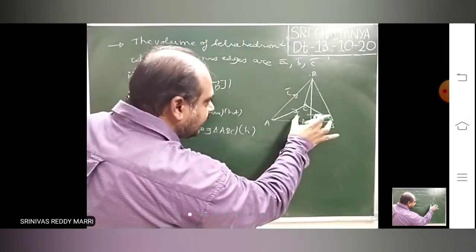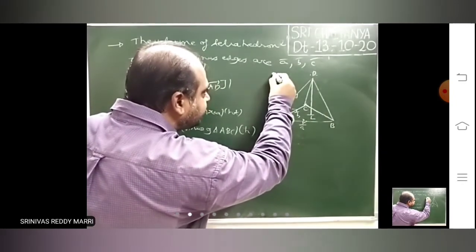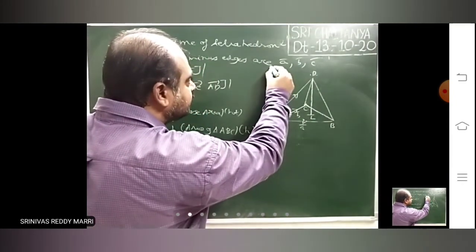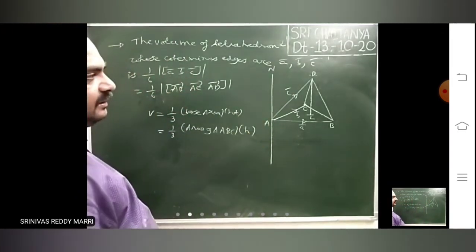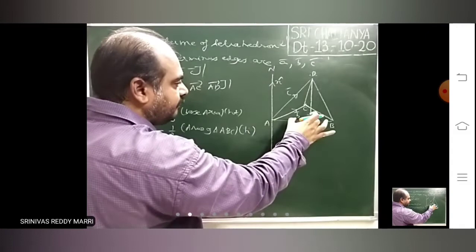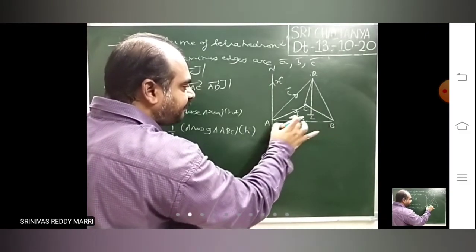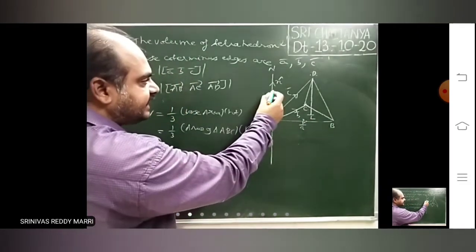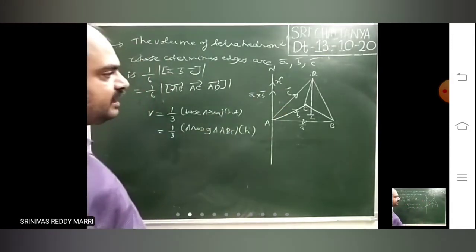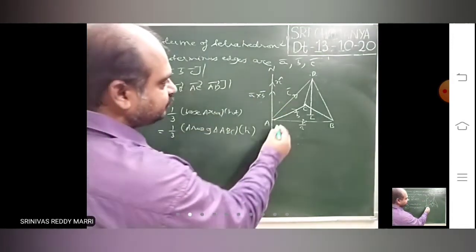Now I am drawing, for the base plane, a unit vector perpendicular to the plane. I am drawing the normal line. Look, this is the normal line, along this direction n cap vector. The unit vector perpendicular to the plane ABC is n cap. In this direction only, A bar cross B bar will be there.